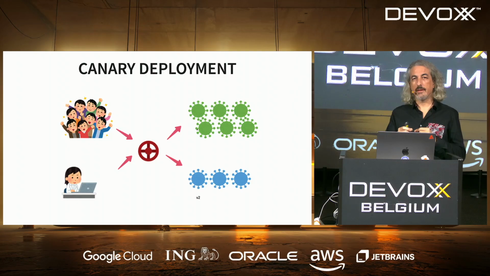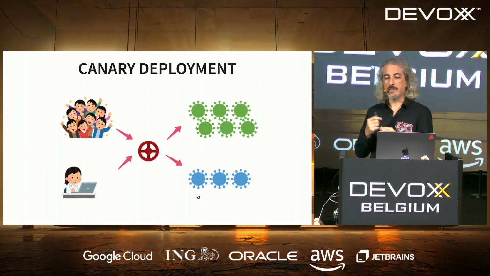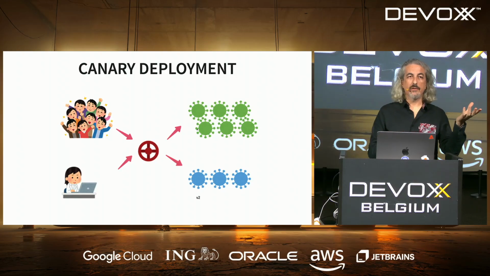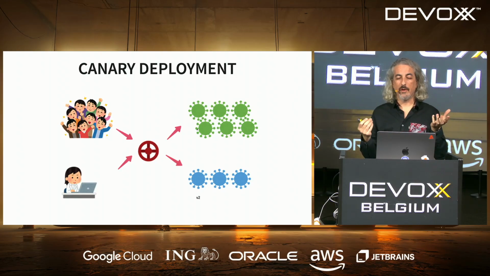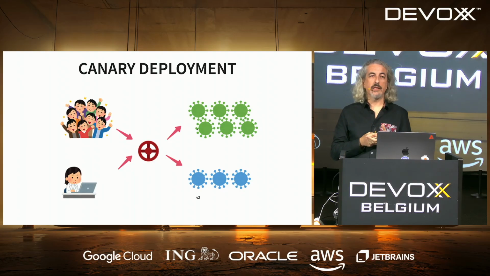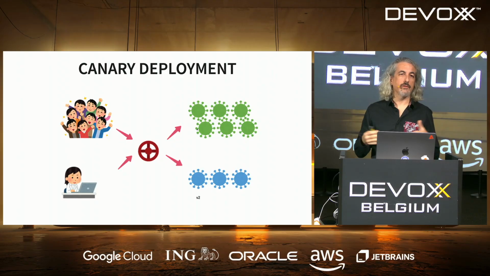Canary deployment is a specialized version where you have an old version, the green version, and the new version, the blue version, and then you start sending traffic to the new version based on different parameters that you decide.